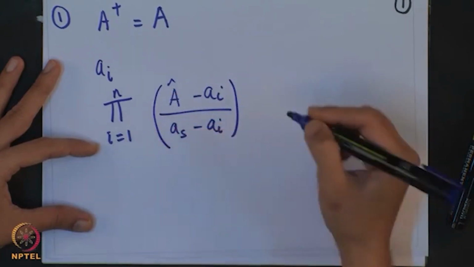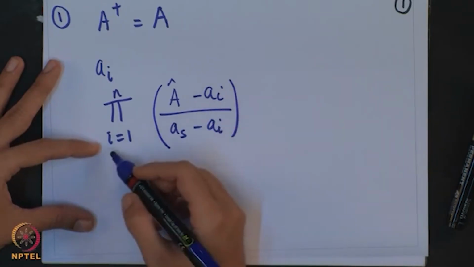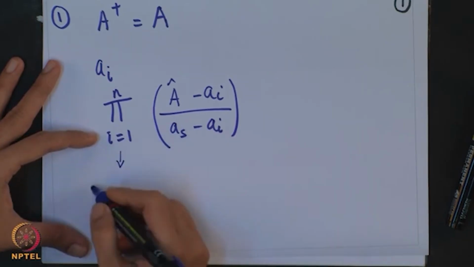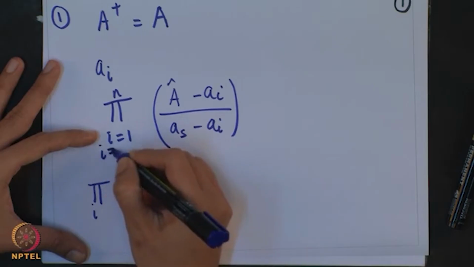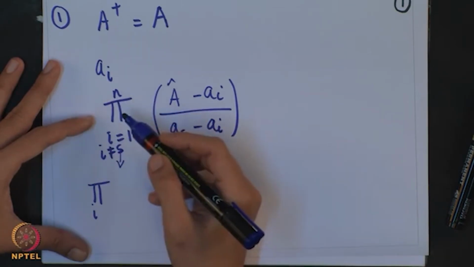So, this is the operator given to you, and in the problem this product notation is, let me write here, where i is not equal to s. This is what the question means.